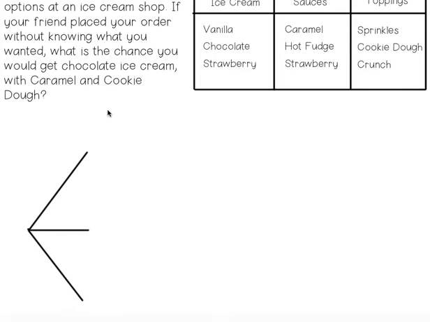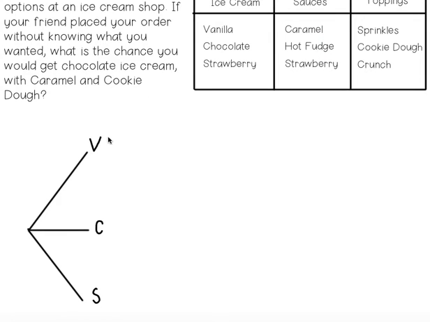Now, our first option, we want to just go left to right, so we have our ice cream flavors. So our options are vanilla, chocolate, and strawberry. And now you go to sauces, and we need to figure out how many of those we have. We have caramel, hot fudge, and strawberry, so that's 3.